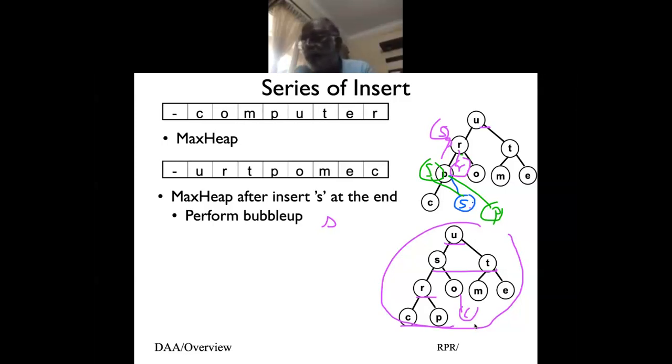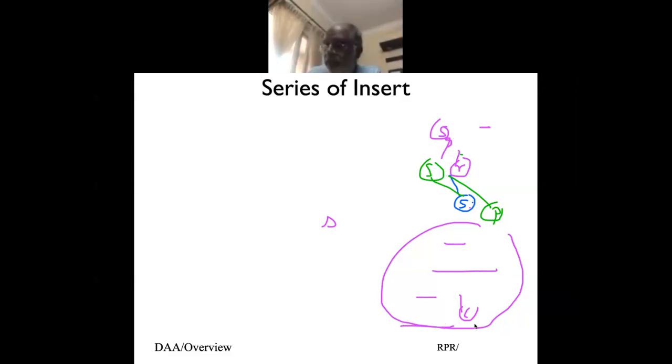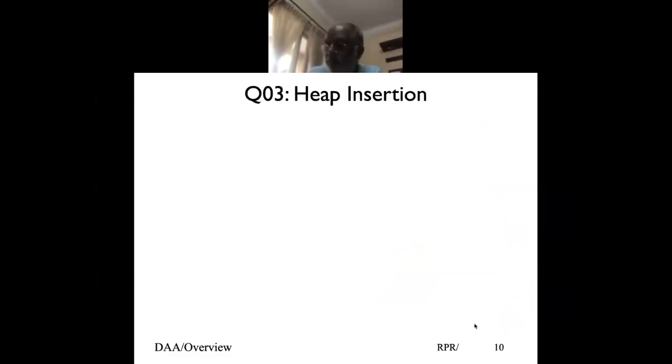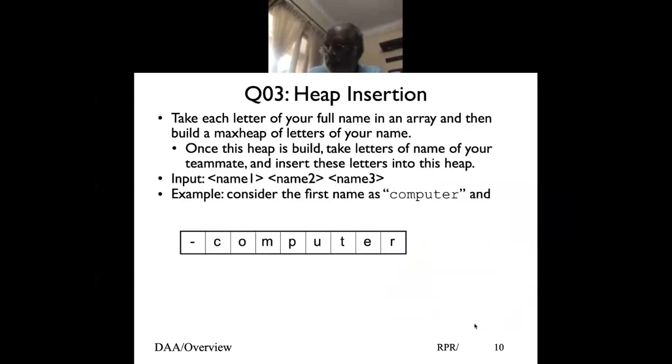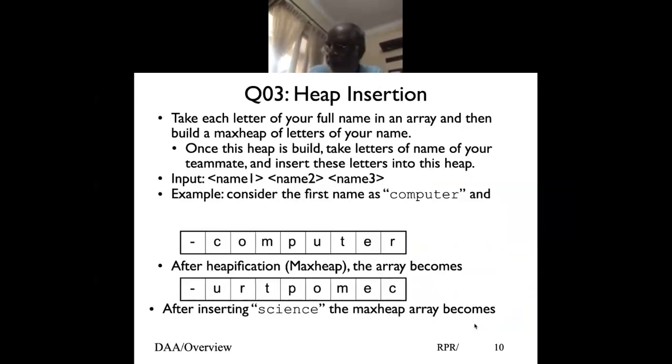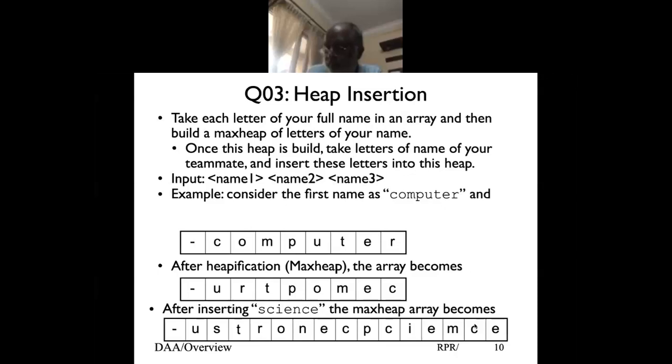That is the way you do a series of insert operations, and finally your heap will look like this. So to insert about 7 letters, insert at the end, keep checking against the heap property, and keep bubbling up. That's the process, and that's how you do heap insertion.